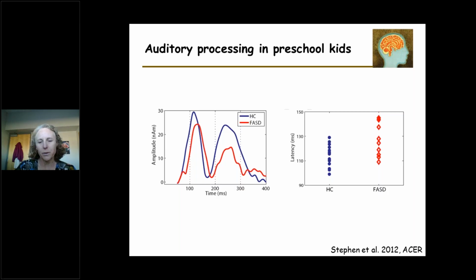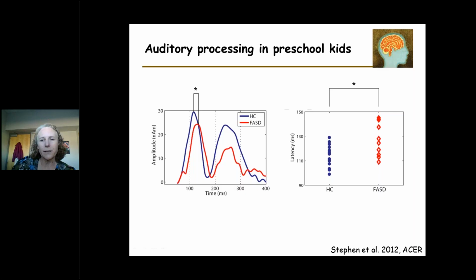So another study that we had performed, and this was a little bit earlier, but we were looking in preschool age kids, but this was just a very simple auditory design. Again, we did source analysis and looked at the timing of those source time courses. And similar to what we had found with the multisensory study, we have this delay in our kids with FASD relative to healthy controls. And that was actually a delay for both the M100 and the M200 peak.